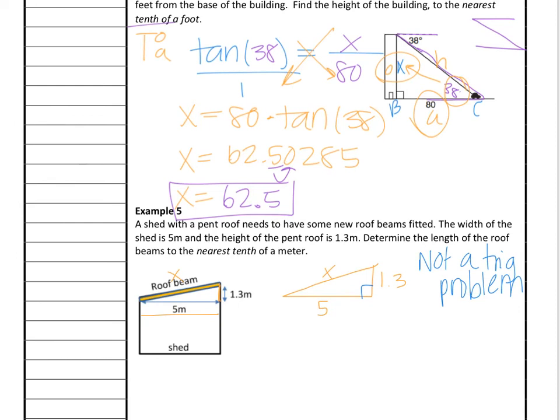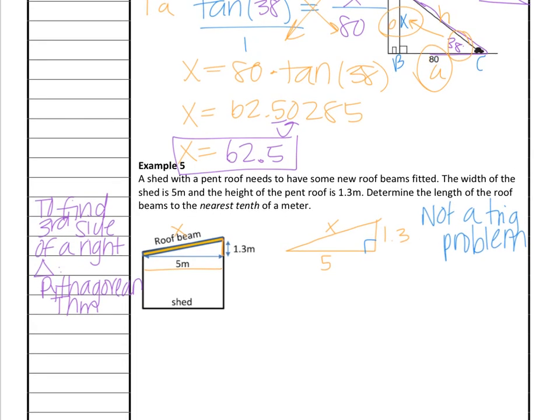So off to the side, let's write down: to find the third side of a right triangle, we use the Pythagorean theorem. Notice that I just used THM for theorem. You're allowed to do that too. And the Pythagorean theorem has a squared plus b squared equal to c squared, where a and b are legs and c is the hypotenuse.